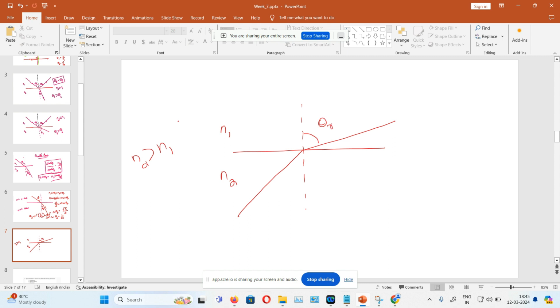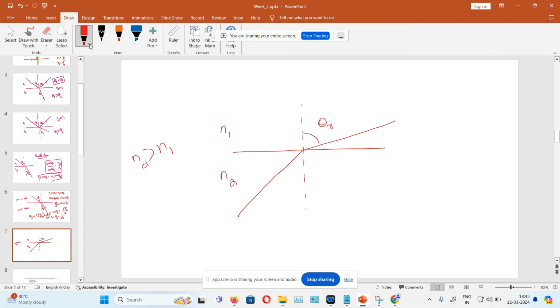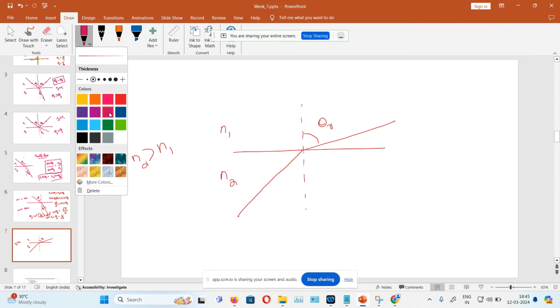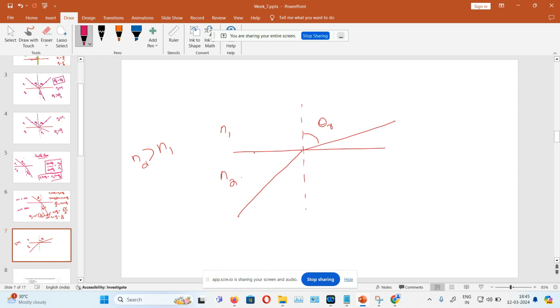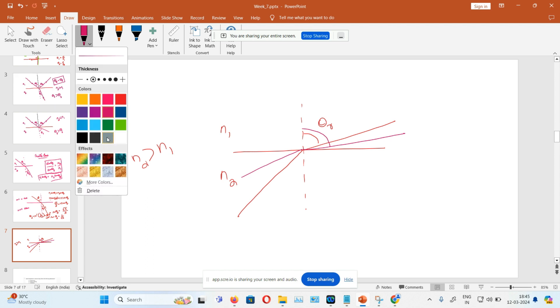What happens if we increase theta I more? It will again bend much more towards the surface. And again, what will happen if it is increased?